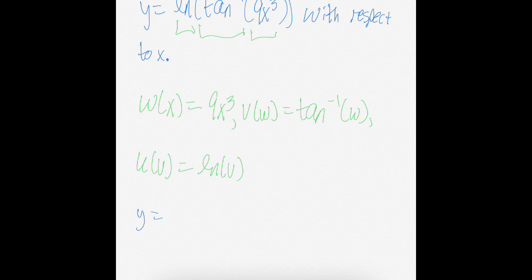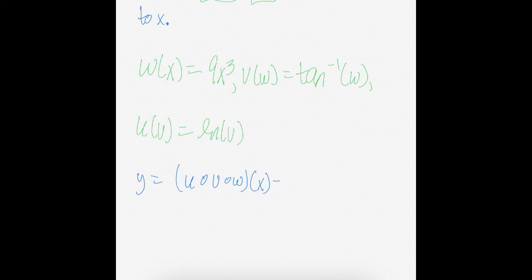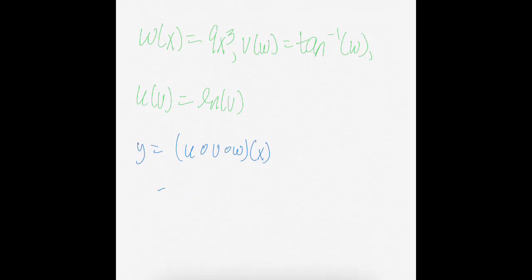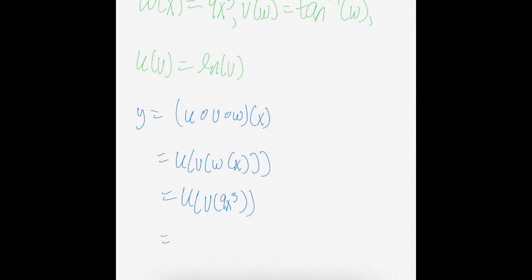So this one is complicated enough. Let's go through and double check that we got that right. So y should be equal to u composed with v composed with w of x, equals u of v of w of x. Now I get 3 parentheses. W of x is 9x cubed, so that's u of v of 9x cubed.